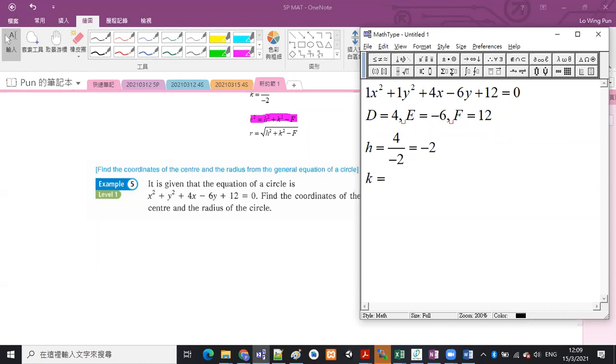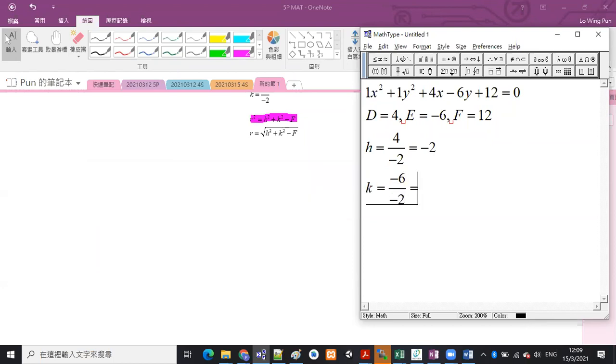And our K value will be equal to E over -2, which is +3. So the center will be -2 and 3. Can you get this? Okay, and then the R square will be equal to H square plus K square minus F.